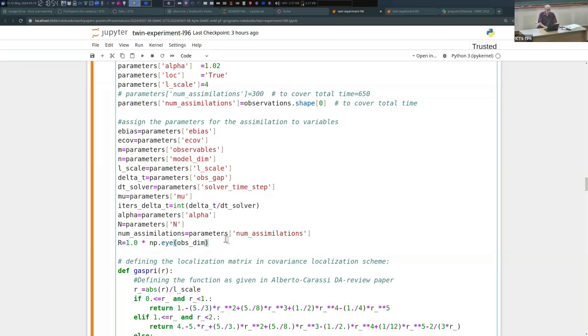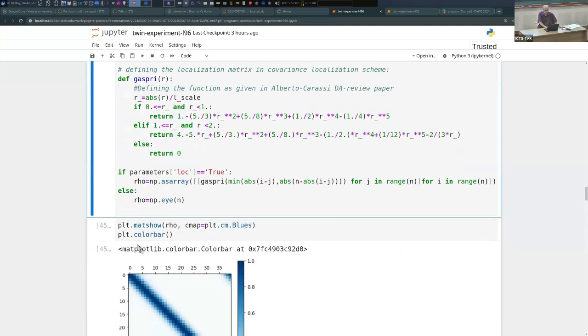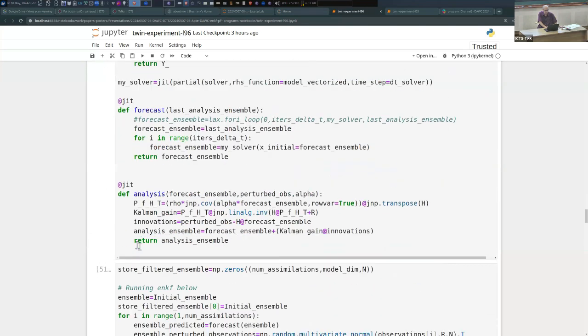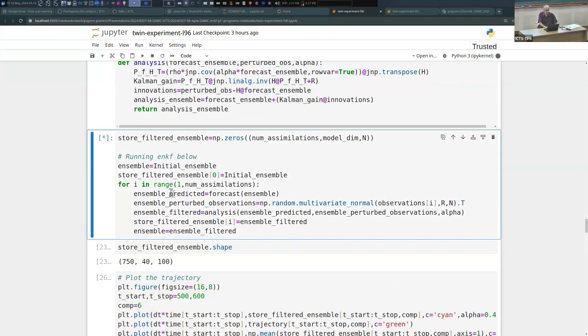So the observational error covariance matrix R should be, of course, the dimension of identity, I. And this should be mu. Okay, so now hopefully it will run. Hopefully it has correct dimensions.